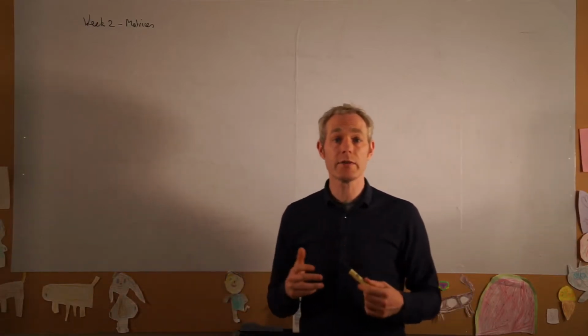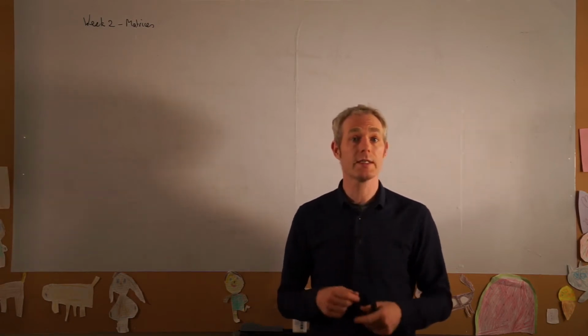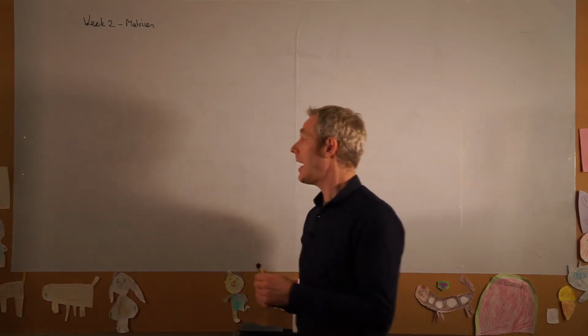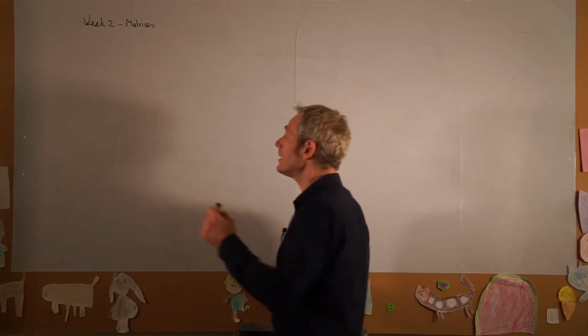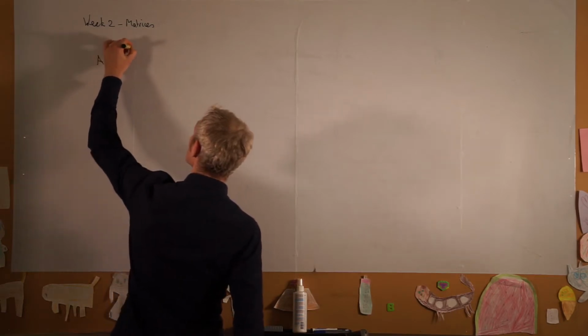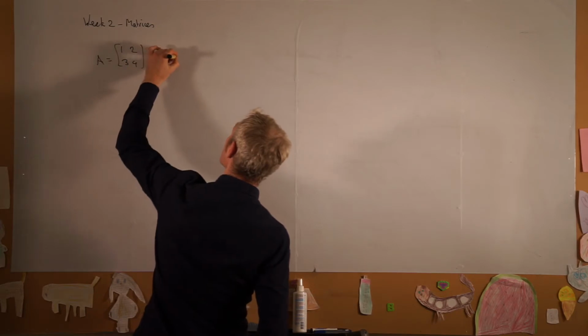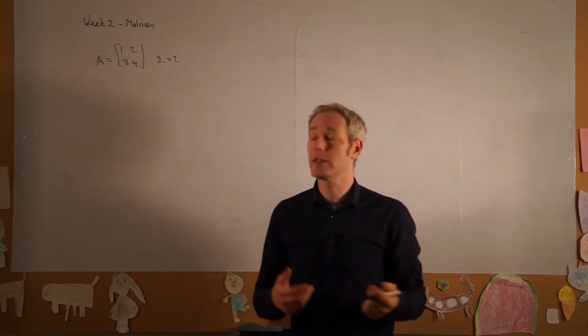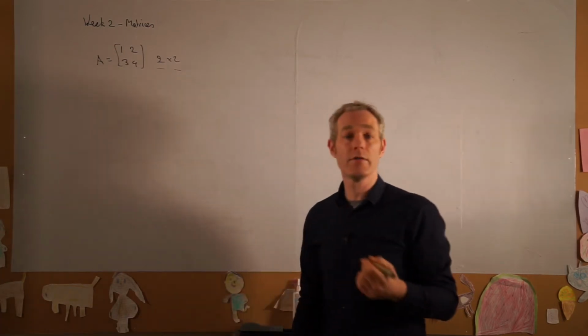We continue with matrices, where we first introduced what a matrix is and how to refer to its elements, and we will look at a couple of different types of matrices. We already said that we had a square matrix A, and an example was a 2 by 2 square matrix. A square matrix has the same number of rows as it has columns.